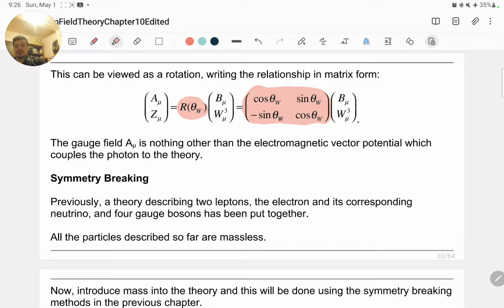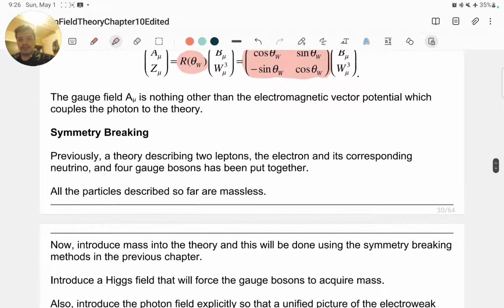Now we'll go to symmetry breaking. Before, we have already described a theory with two leptons, the electron and its corresponding neutrino, and the four gauge bosons. So far all the particles described are massless.